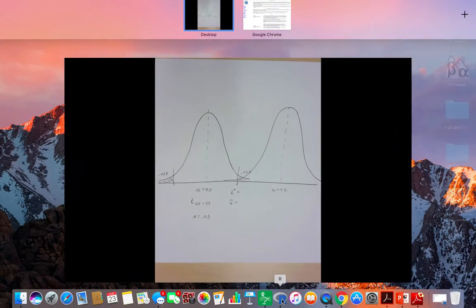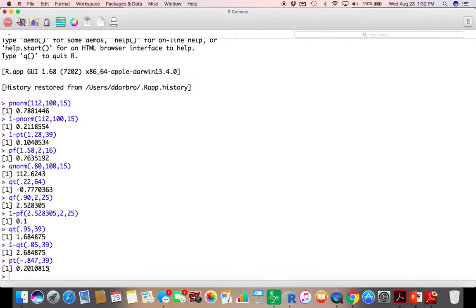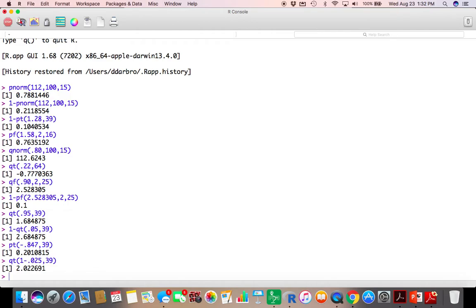We can go to R. And I would know that I need QT 1 minus 0.025. So I need the area to the left. Degrees of freedom 39. So 2.023 is the T critical.